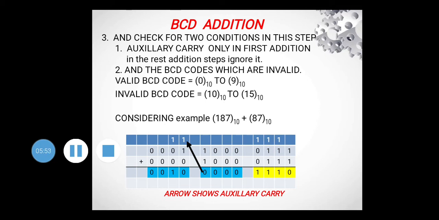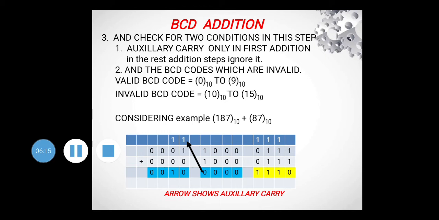That is the 5th bit. That 5th bit is called auxiliary carry. So whenever after addition of 4 bits a 5th bit is generated, an auxiliary carry is generated. You are going to take care of auxiliary carry and invalid codes in the step 1 addition.